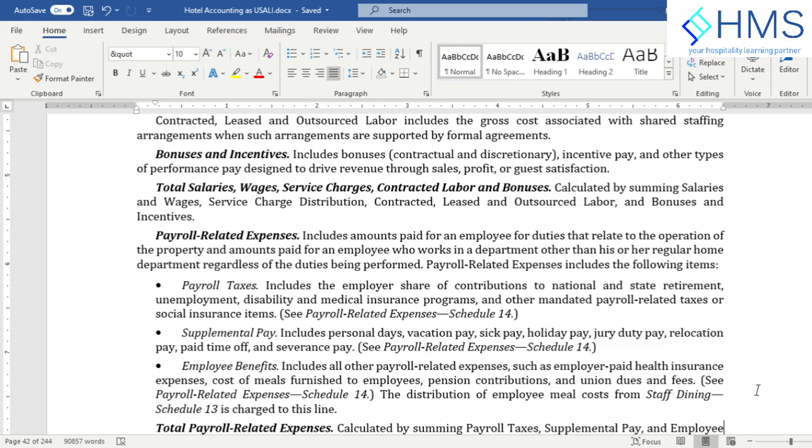I will be giving you the schedule so that you can have a much more detailed understanding of what goes into the employee benefits.